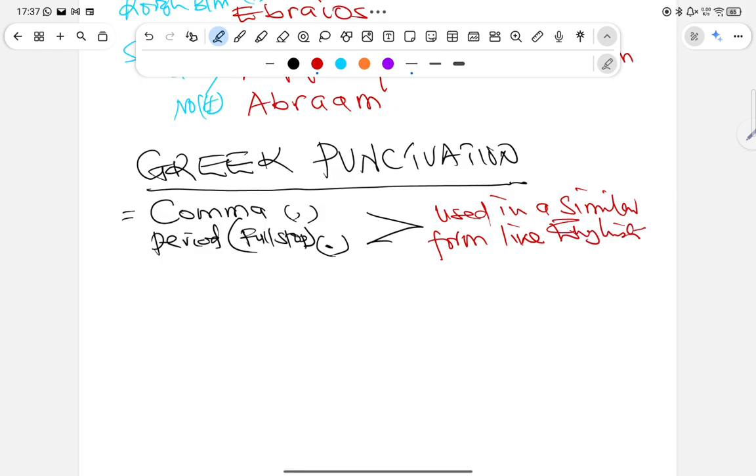So where you find a comma in Greek, it's just like how you'd use a comma in English. Where you find a period, or what we call full stop, is how you'd use a period or full stop in English.